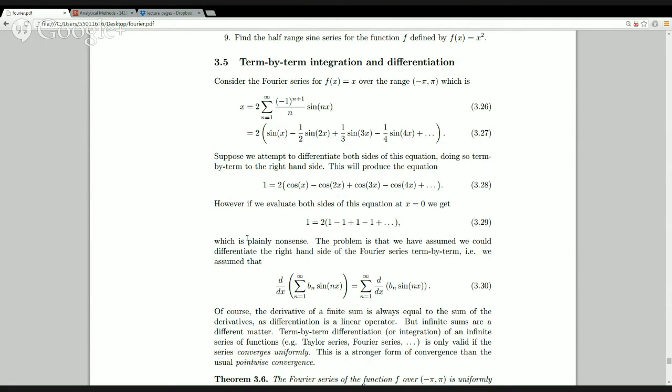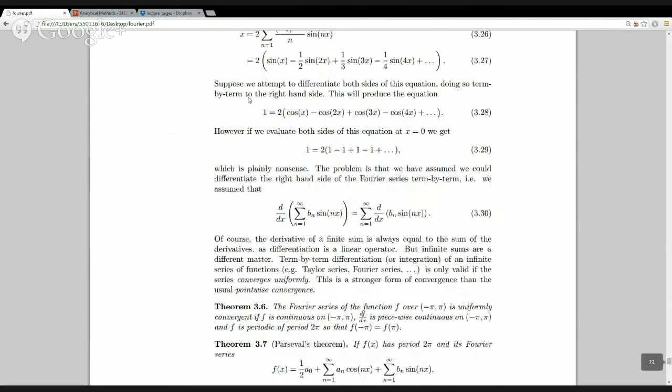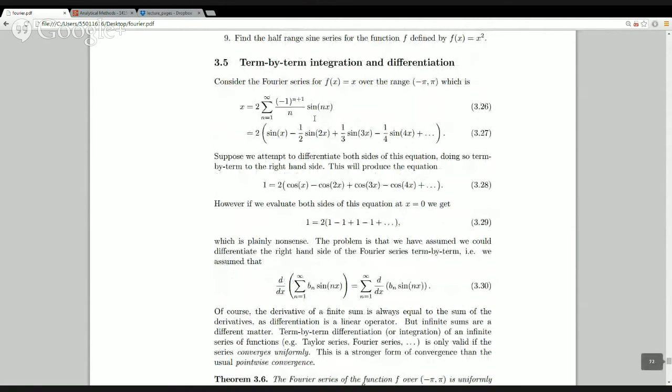So the question is, what has gone wrong there, or what led us to this seemingly nonsensical result? Well, what led us there was this assumption that we could differentiate the Fourier series term by term. This assumption that we were allowed to differentiate the whole infinite series by differentiating each bit of the sum and adding up all the derivatives.